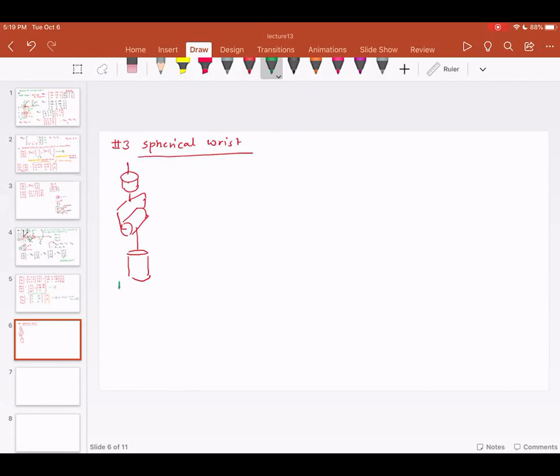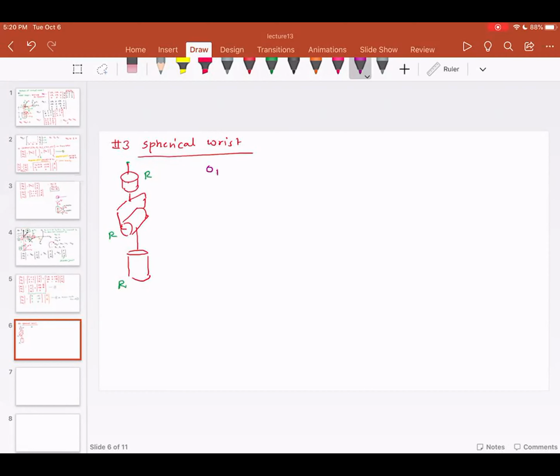You have this revolute joint that is perpendicular to this revolute joint, and then finally you have this revolute joint. And I will just quickly write down the matrices that we derived in the earlier lessons.